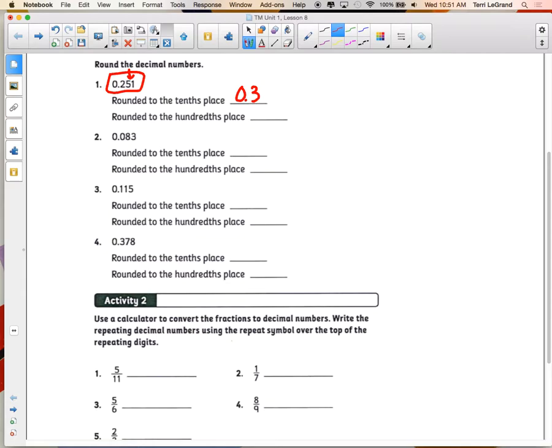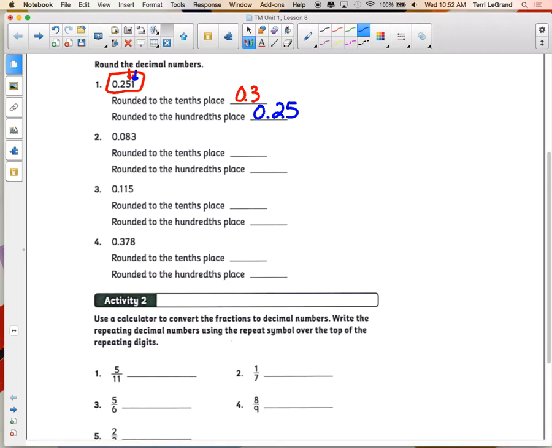Now we're going to round to the hundredths place, and when we round to the hundredths place, now we care about the thousandths place, which is the 1. Is the 1 big enough to make the 5 in the hundredths place jump up to 6? No, so we're going to say 0 and 25 hundredths.